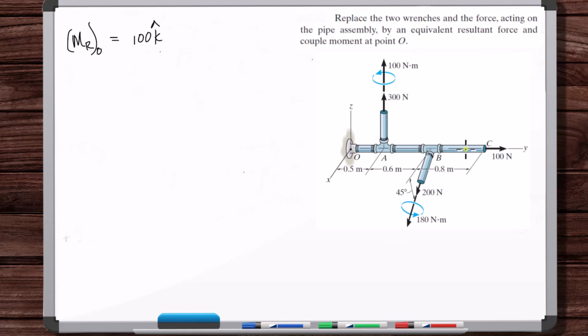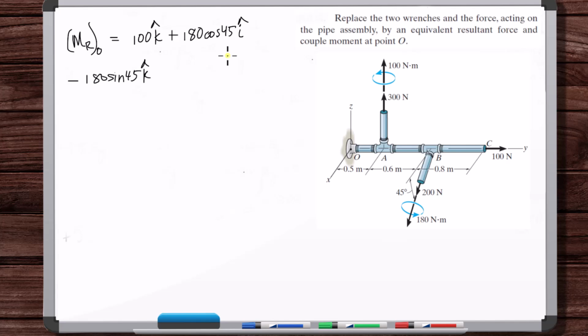We've got this moment here, which is 180 cosine of 45 i hat, and then minus 180 sine of 45 k hat, right? That's these two couple moments.